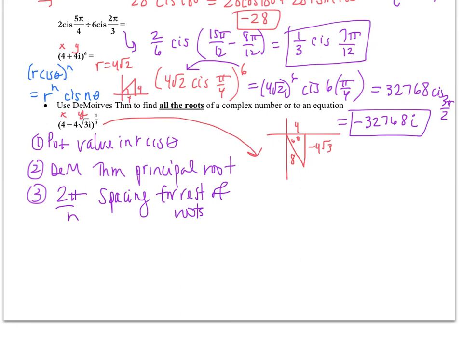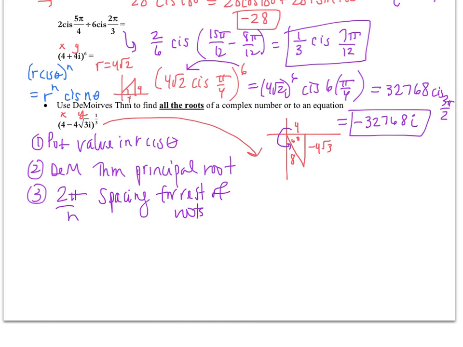My angle is going to be 60 degrees, which again we can get by special triangles or by doing tan inverse of -4 root 3 over 4. Anyway, once we get that the reference angle is 60, we can find that the overall angle for the problem is going to be 300.